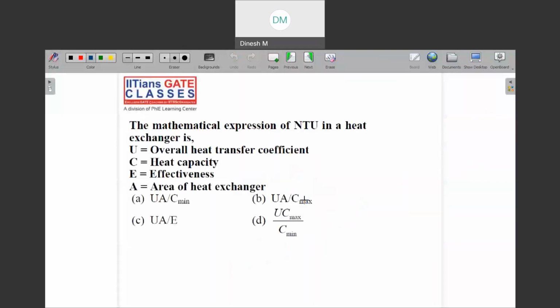Okay, so it says the mathematical expression of NTU in a heat exchanger, and it has denoted their meanings also: U is the overall heat transfer coefficient, C is heat capacity, E is the effectiveness, A is the area of the heat exchanger. So if we can recall, we learned that NTU, number of transfer units, was U multiplied by the area of the heat exchanger over C minimum, right?